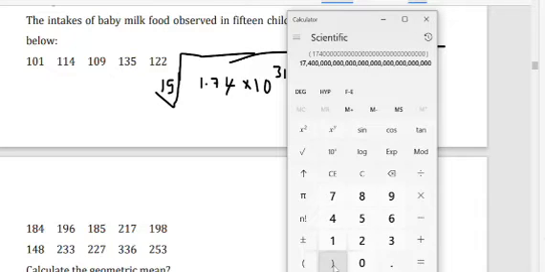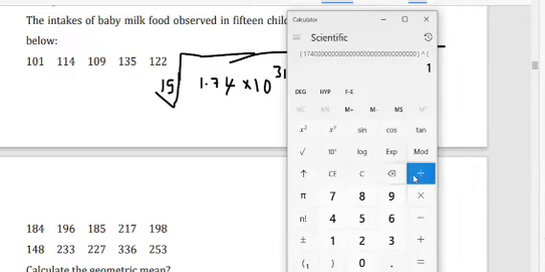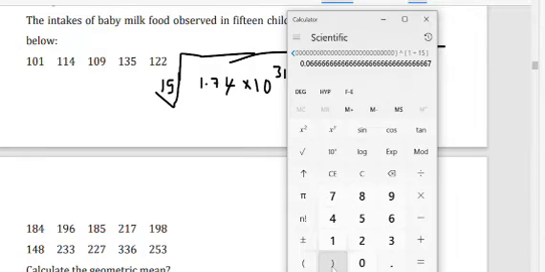So when I close the bracket, I'm going to write raised to power, I'll open the bracket 1 divided by 15, then I'll close the bracket. So this is the 15th root of that value there.